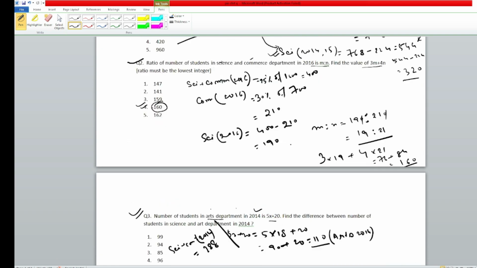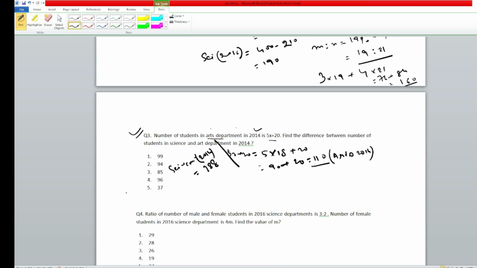So 12% of 700, only commerce in 2014, that is 84.